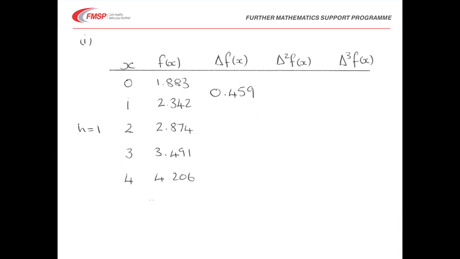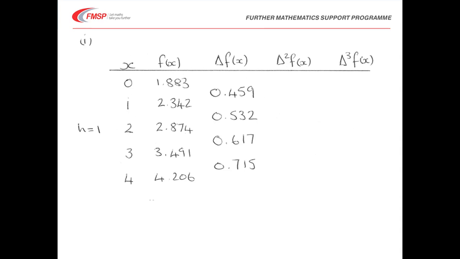So I do 2.342 minus 1.883. Next time I'm going to do 2.874 minus 2.342, which comes to 0.532. So all the time I'm doing the one that's in the lower position, subtracting the one above it. If it was negative, I'd just write a negative in front of it. Okay, so there's the first difference.